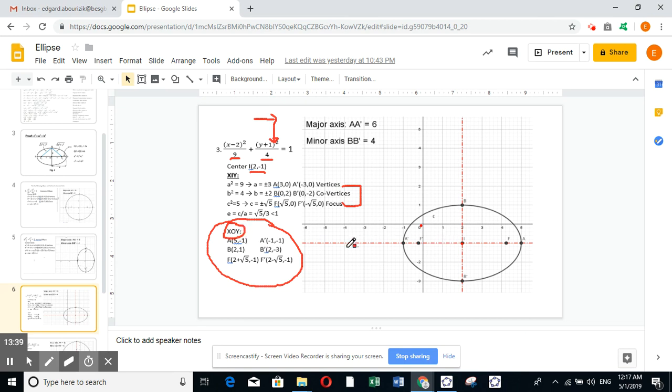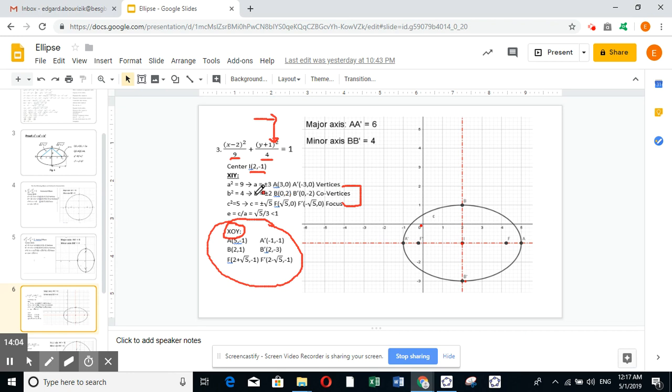Point B, for example, from this system, is (2, 1). Point A prime is (-1, -1); this is the origin. This is A prime. B prime is (2, -3). So I have these points, I graph it.